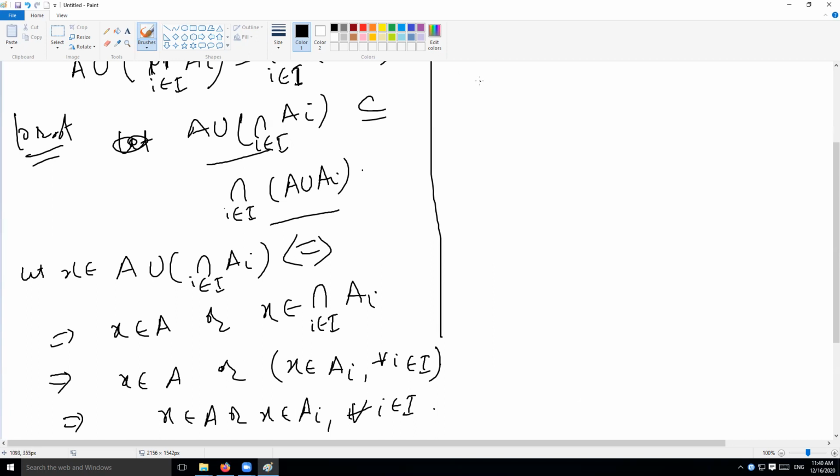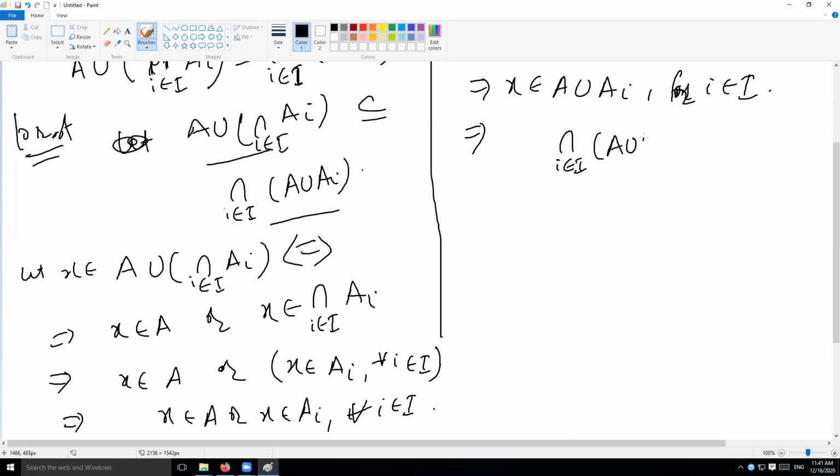And therefore, what does it mean? I can say that therefore x is in A union A_i for all i in I. Okay? So the same element x is in A union A_i, no matter what index you take from I. So this is precisely the definition of the intersection over i belongs to I of A union A_i. Okay? We are talking about this intersection and x belongs to it.